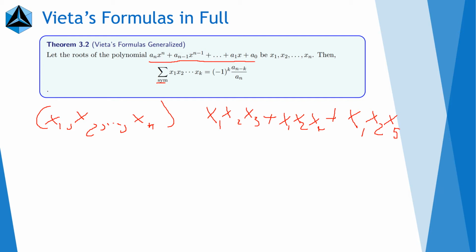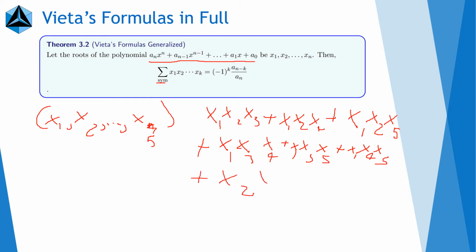Then we'd also have x1 x3 x4 plus x1 x3 x5 plus x1 x4 x5 plus x2 x3 x4. I hope you get the point.